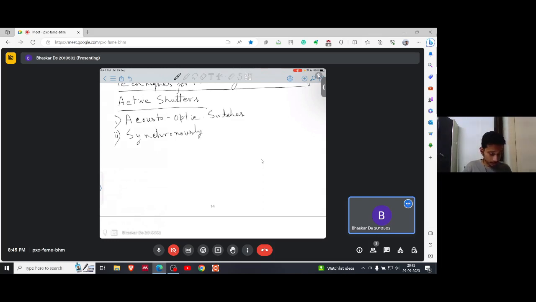Synchronously pumped mode locking. So these are the two active methods, and then we have the passive shutters.